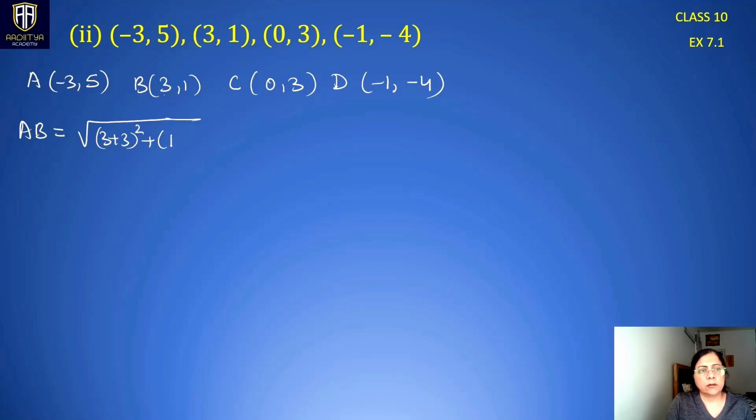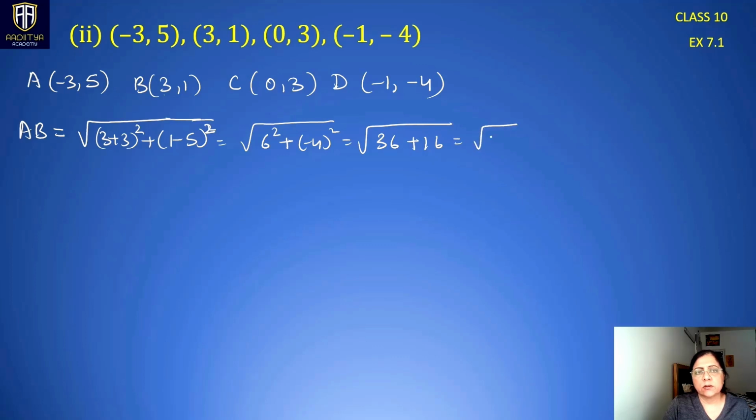Then we have 1 minus 5 whole square. That is 3 plus 3 is 6 square, added to 1 minus 5 is minus 4 square. 6 square is 36, added to 4 square is 16, which is root 52.